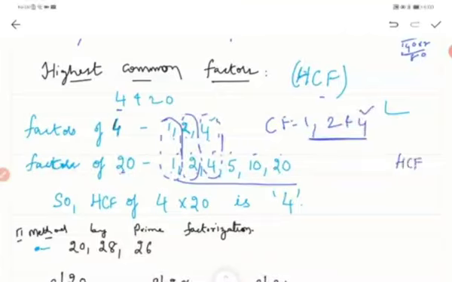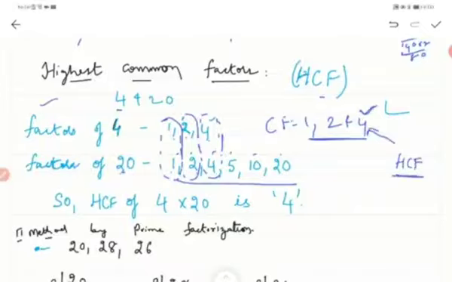HCF: if they ask you to find the HCF of two given numbers, then you will get the factors, check the common factors between them, and then take the highest common factor, that is nothing but 4 in this example, which in short form you call HCF. So you can go by this method.